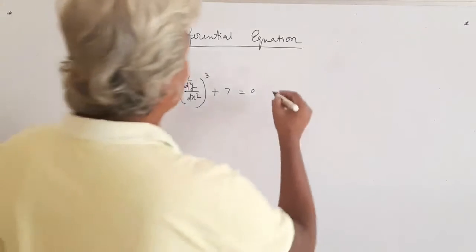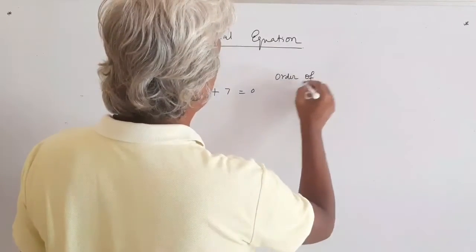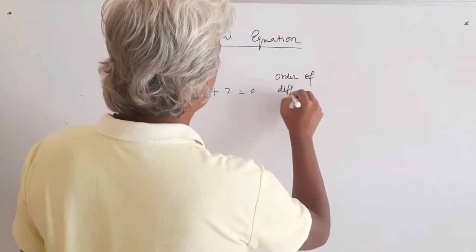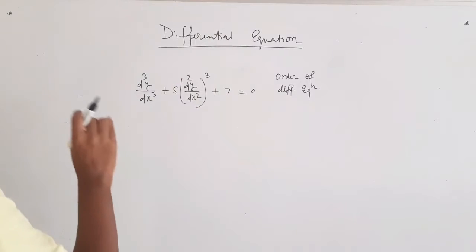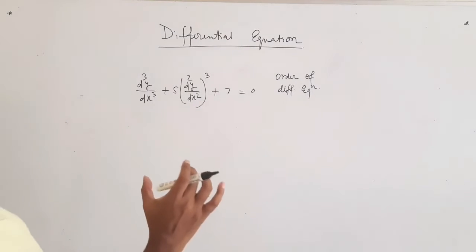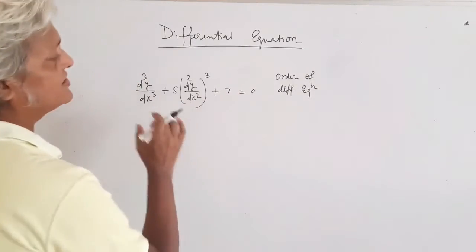Now what is the order of a differential equation? The order of a differential equation is the highest order of the differential coefficient.